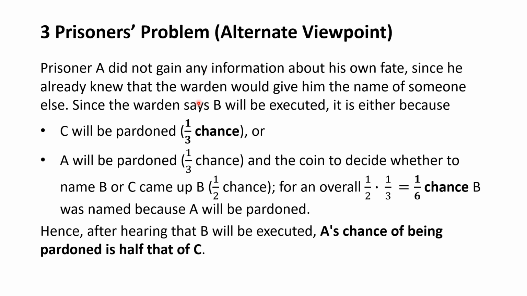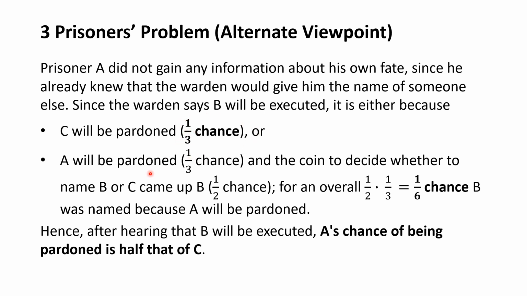So looking at it a little bit further, since the warden says B will be executed, it's because of one or two reasons. And we'll see that the chances for pardon are twice as much for C compared to A. So in one case, the warden will give this answer that B will be executed because C is going to be pardoned, and that's a 1/3 chance of that happening.